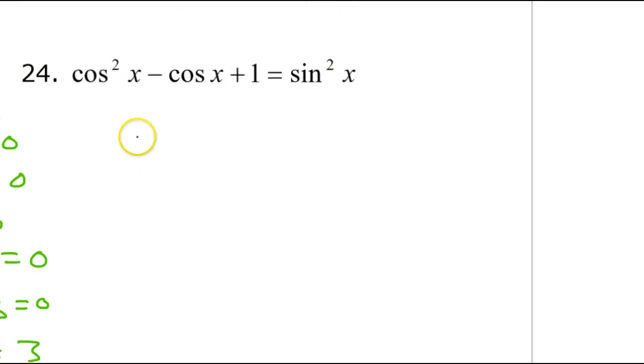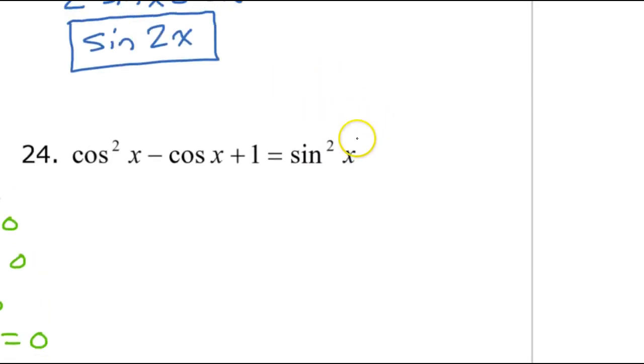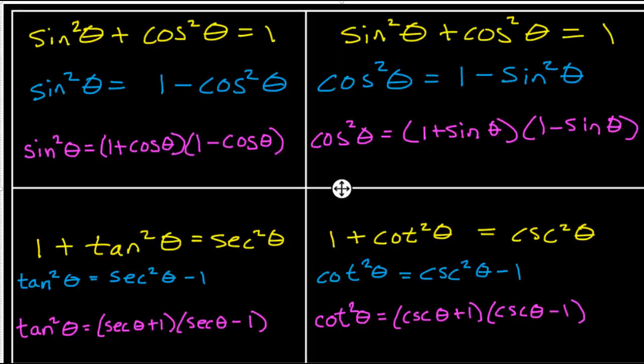All right, for number 24, again, I do not like the fact that I have cosine and sine in the same problem. So I'm going to replace sine squared using my Pythagorean identities. I learned that sine squared is equal to 1 minus cosine squared.